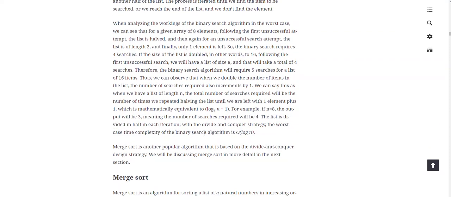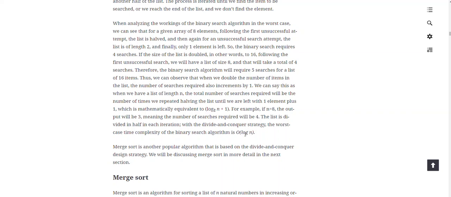Now, binary search has a big O notation of O(log n). So it's a log of n. Log of n is the inverse of exponents, like x squared; this is the equivalent of the square root.